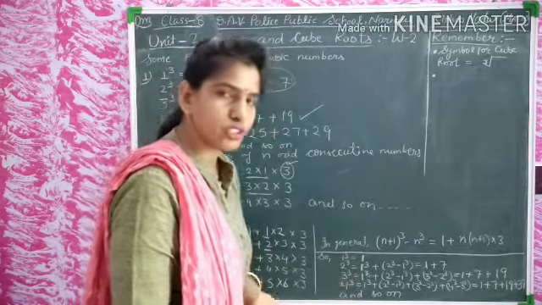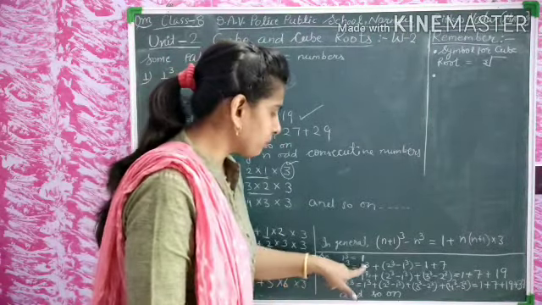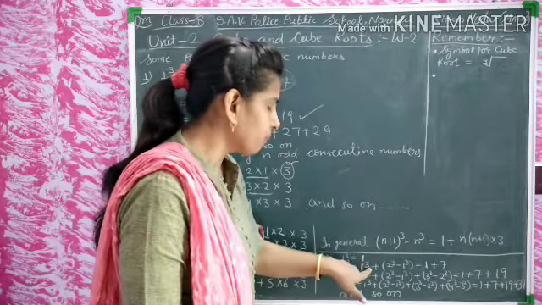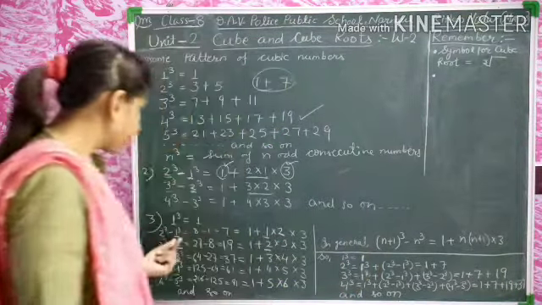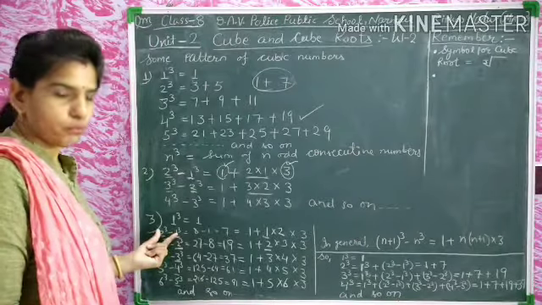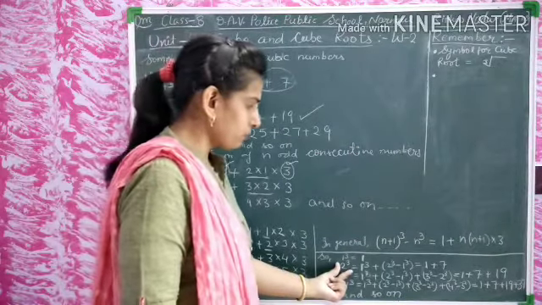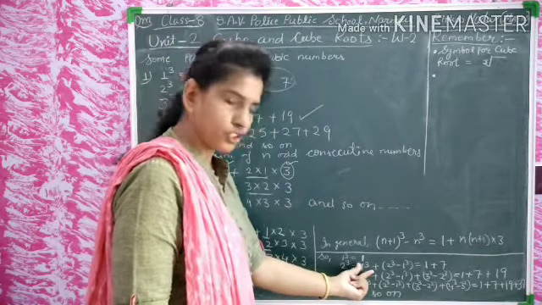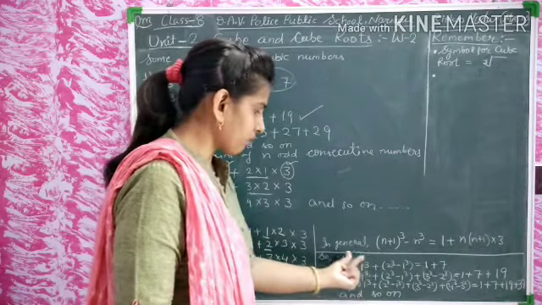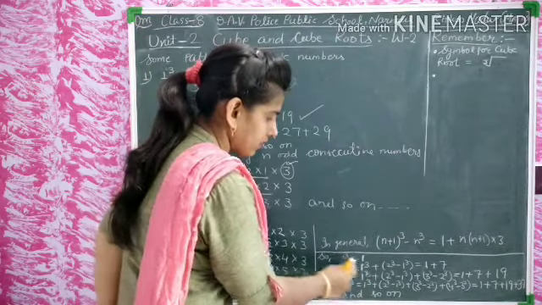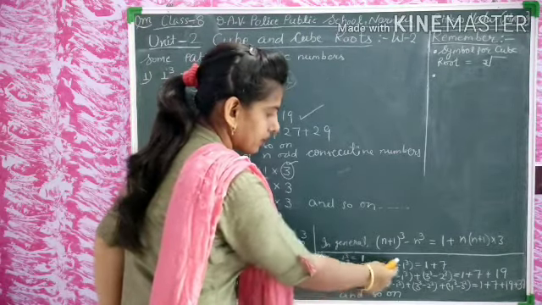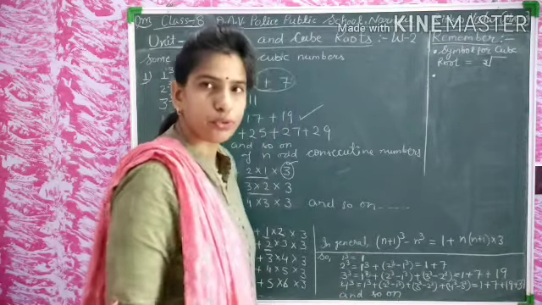1 cube is equal to 1. 2 cube is equal to 1 cube plus 2 cube minus 1 cube. 2 cube is equal to 1 cube, this above, adding to this, and plus their difference, 2 cube minus 1 cube, is added there.